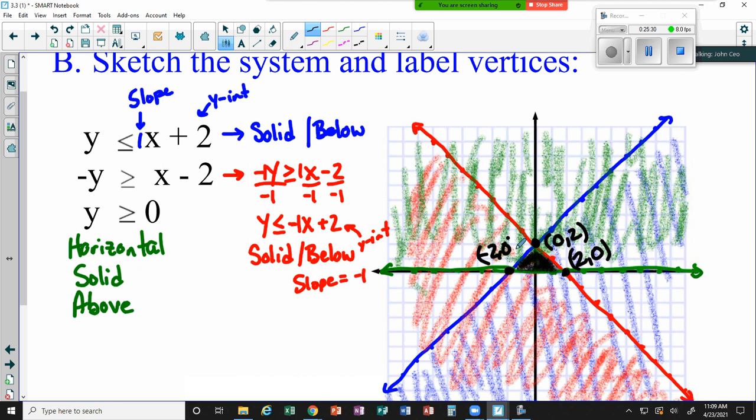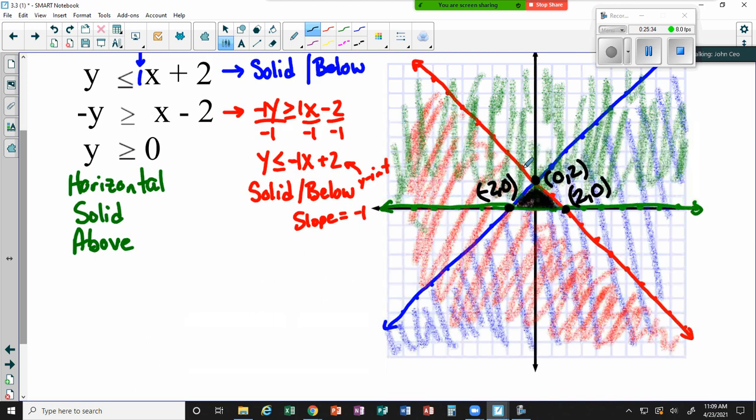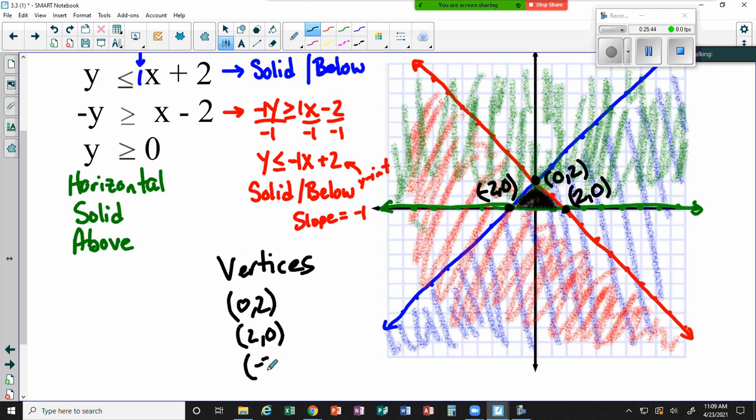So now, if your graph is already kind of full and you can't get them to show up, you might want to just go over here and say the vertices are 0, 2, 2, 0, and negative 2, 0. Right? If you drew yours a little dark and you can't get them to show up, maybe label them off to the side.